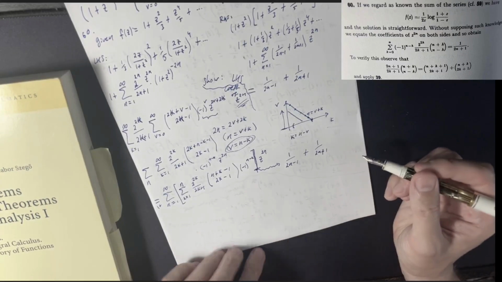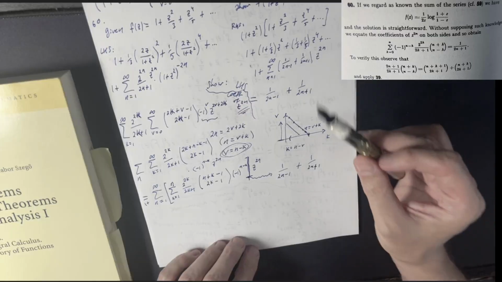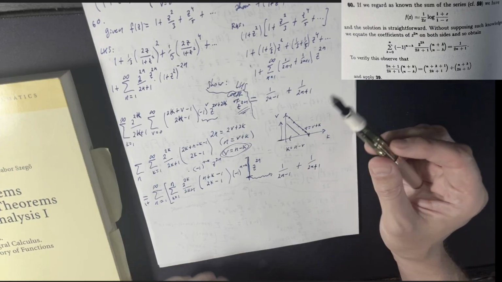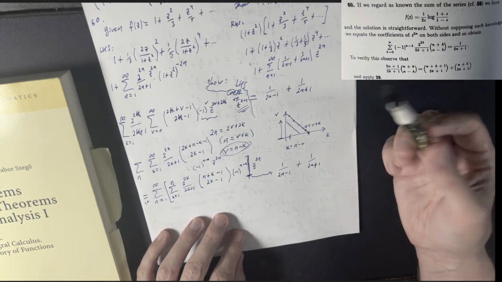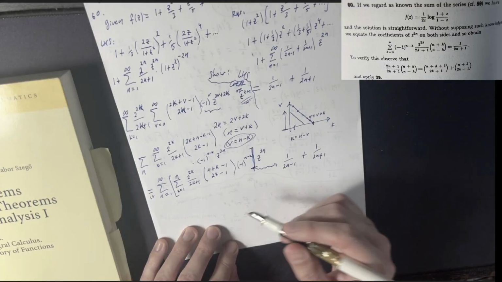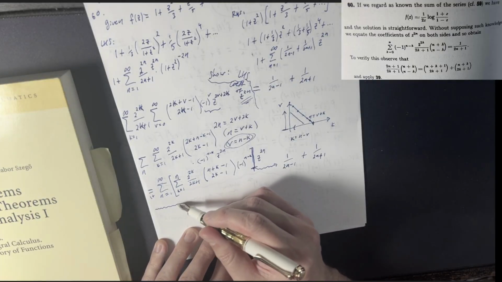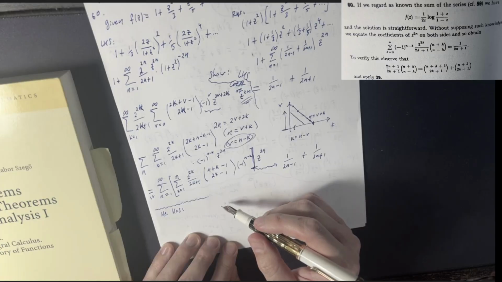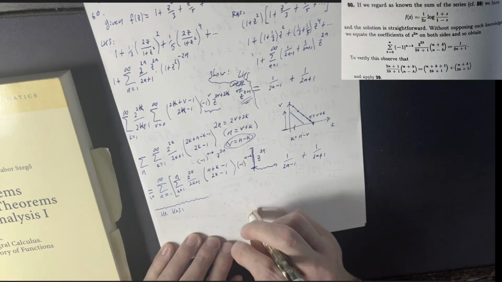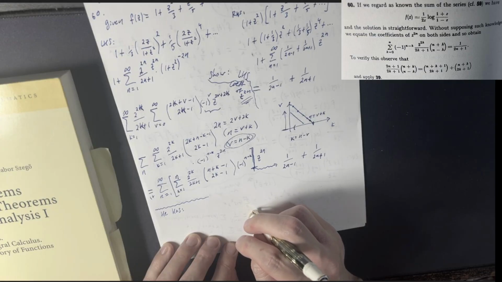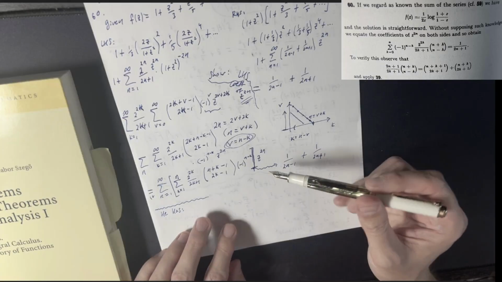I would have gotten stuck there completely, but if you look at what he writes after this, if you multiply by 2n plus 1 on that equation, he kind of cut this in half.